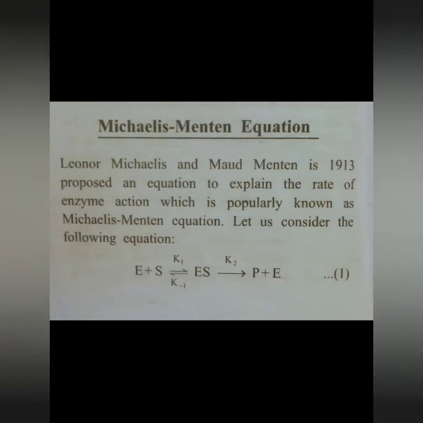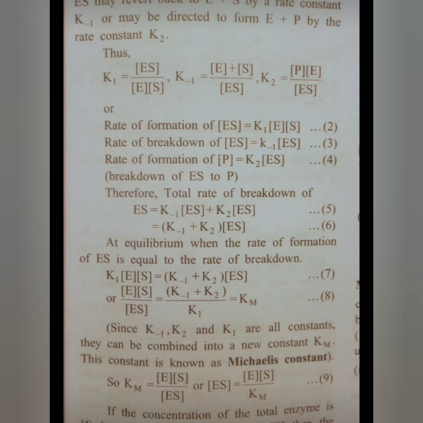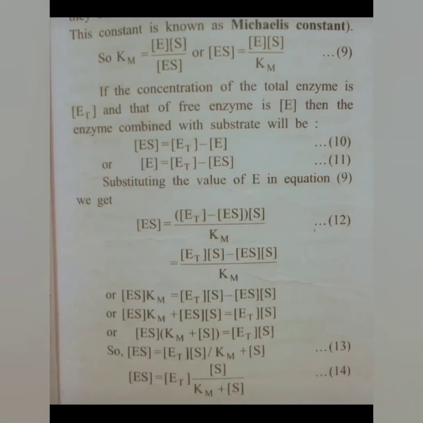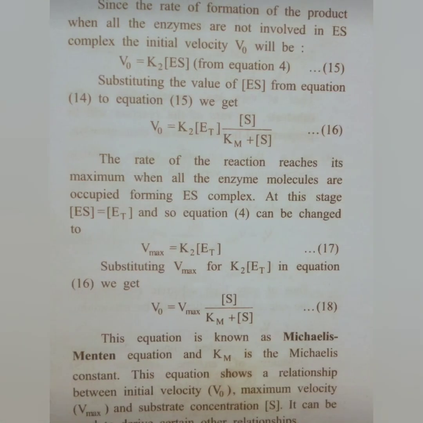So that is why from equation 4, the rate of formation of product, we can write it as the initial velocity. From equation 4, we can write initial velocity is equal to K2 into ES. That is the rate of formation of product, K2 into ES. Now, substituting the value of ES from equation 14 into this equation 15.